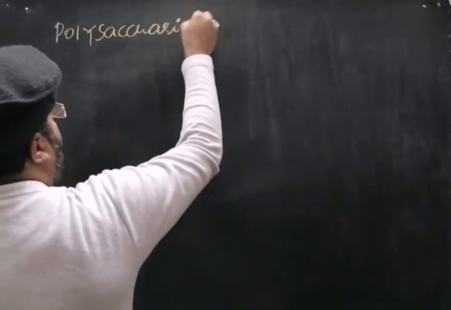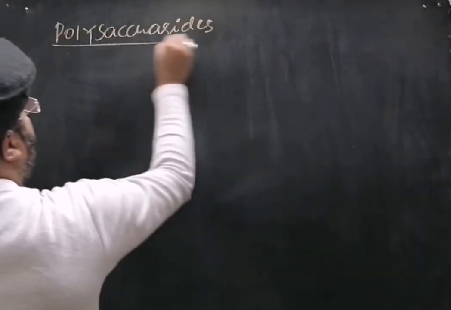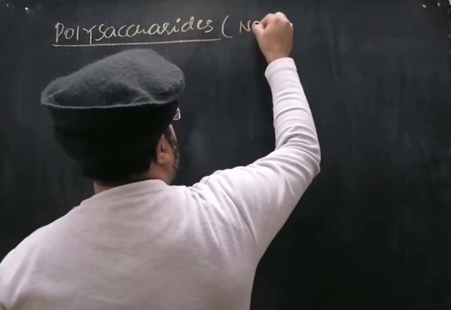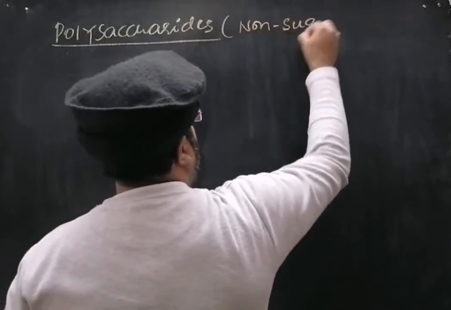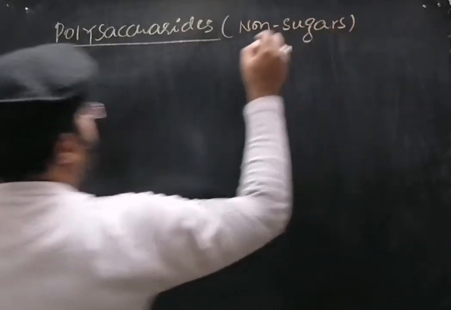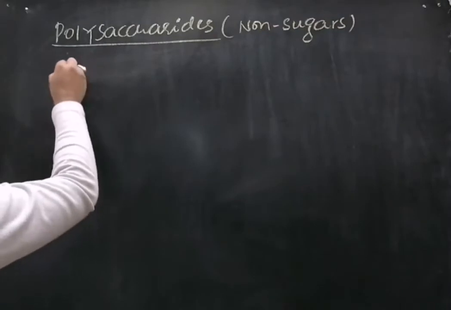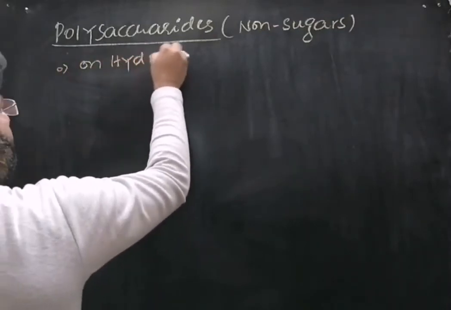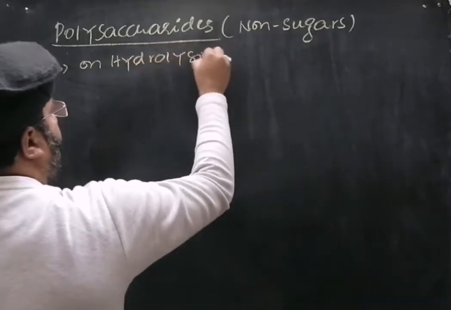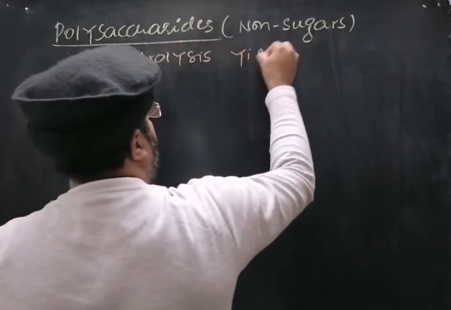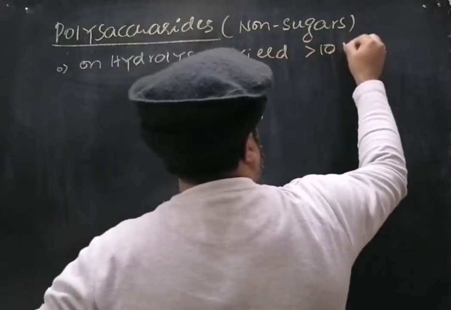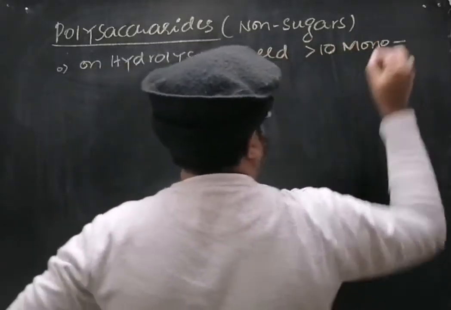Polysaccharides are also called non-sugars, and on hydrolysis they yield more than 10 monosaccharides.